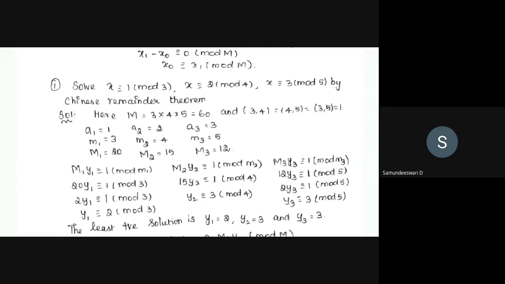Throughout the unit, you are going to solve linear congruence equations. One of the methods is by using the Chinese remainder theorem. First, we will discuss the problems. After discussing the problems, we will see the proof of the Chinese remainder theorem.